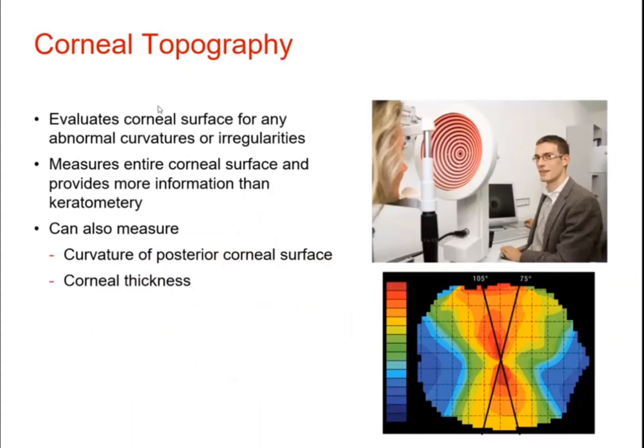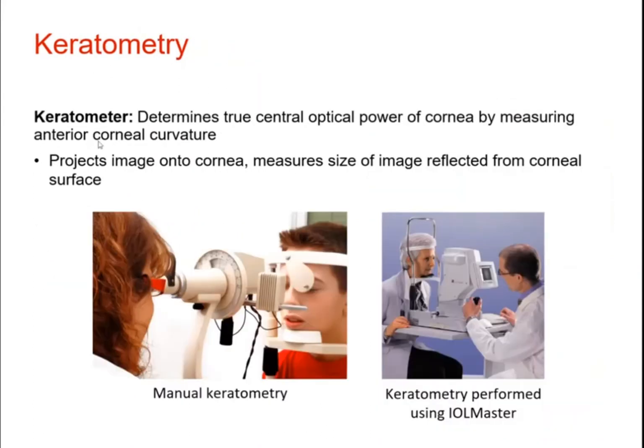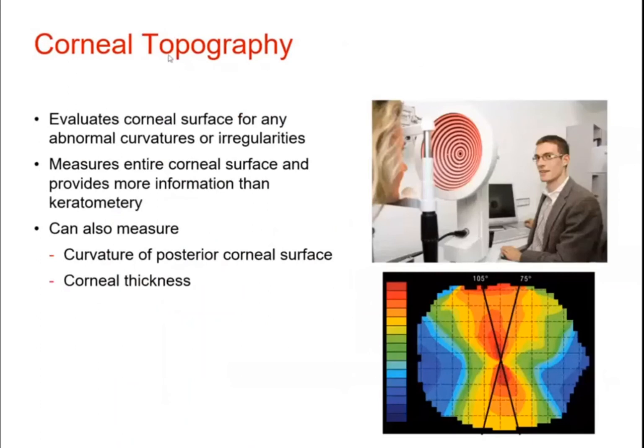Now, corneal topography also does measure keratometry in a way, but it doesn't do it in the same way as keratometry. Keratometry does direct measurement of the central cornea, but corneal topography measures peripheral parts of the cornea. It cannot measure the central part of the cornea as accurately because it has a camera that is located at the center.